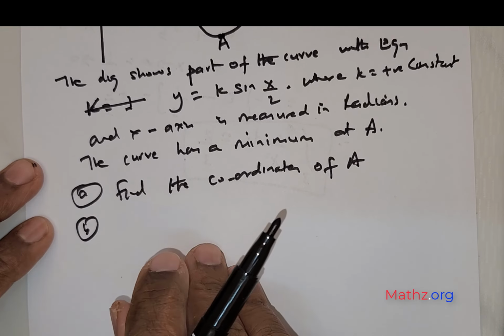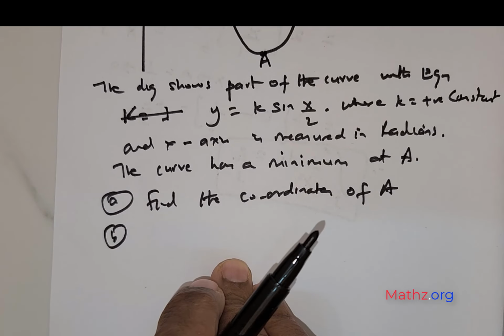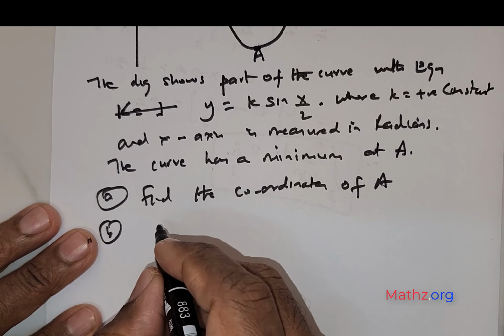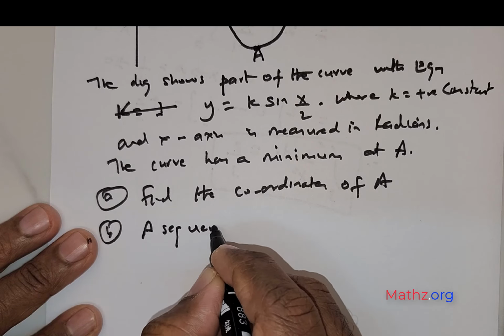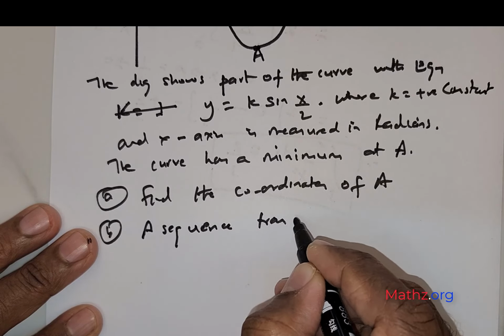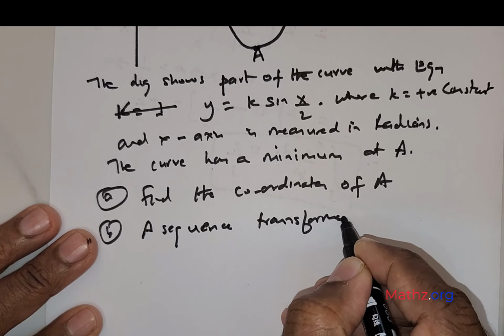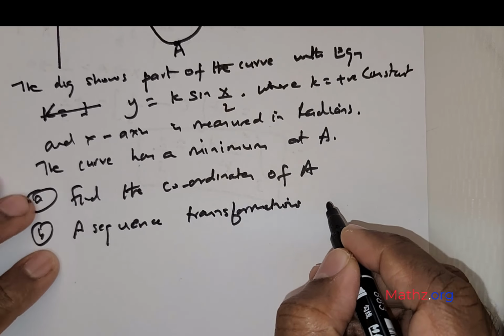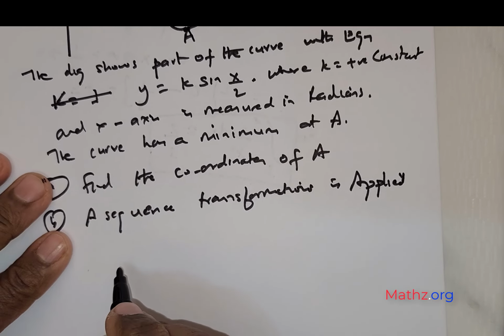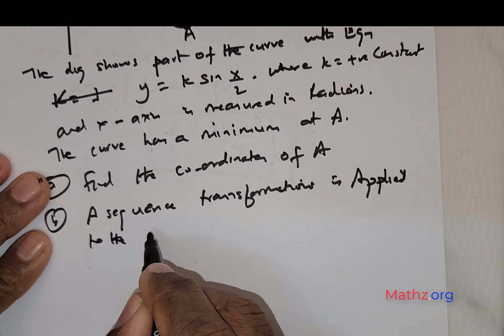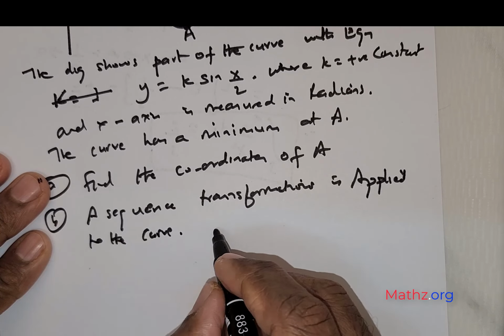The second part has the following requirement: a sequence of transformations is applied to the curve. And what is the first one?